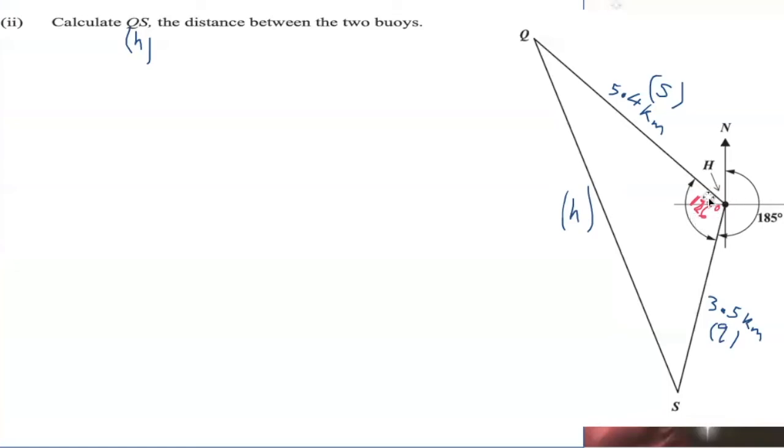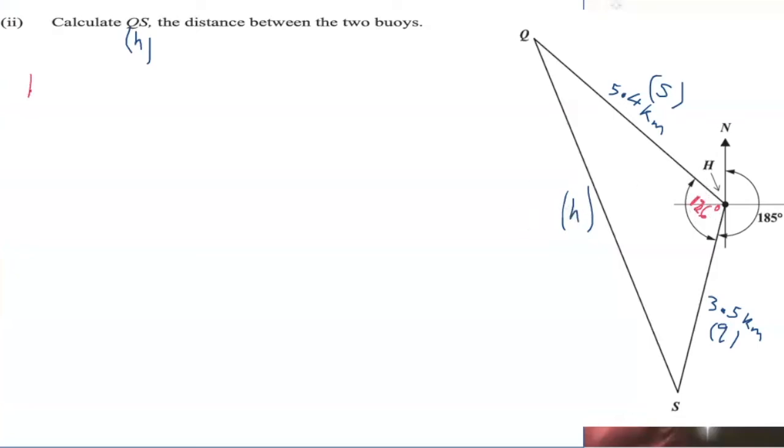So if this is capital H, and capital H is the angle, then it means the formula is going to start with small h. So if the angle was at capital S, then our formula will start with small s. So since this is capital H, our formula is going to start with small h.